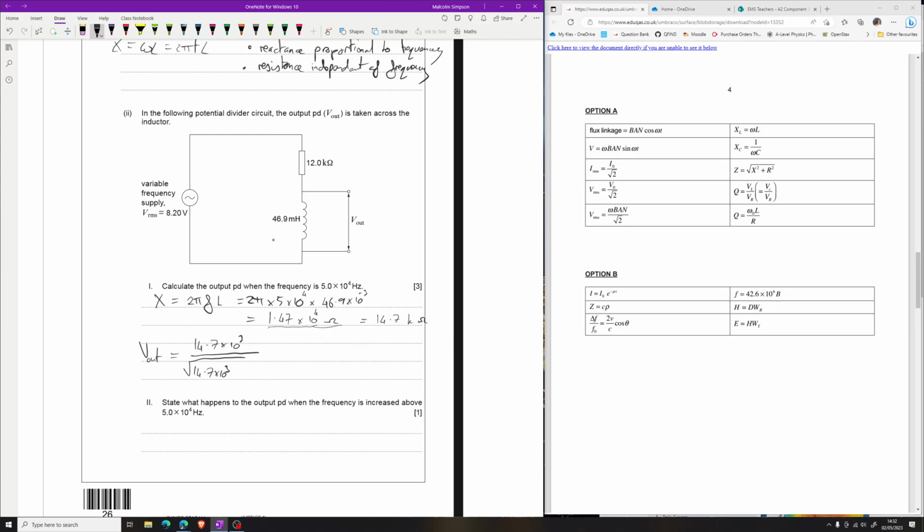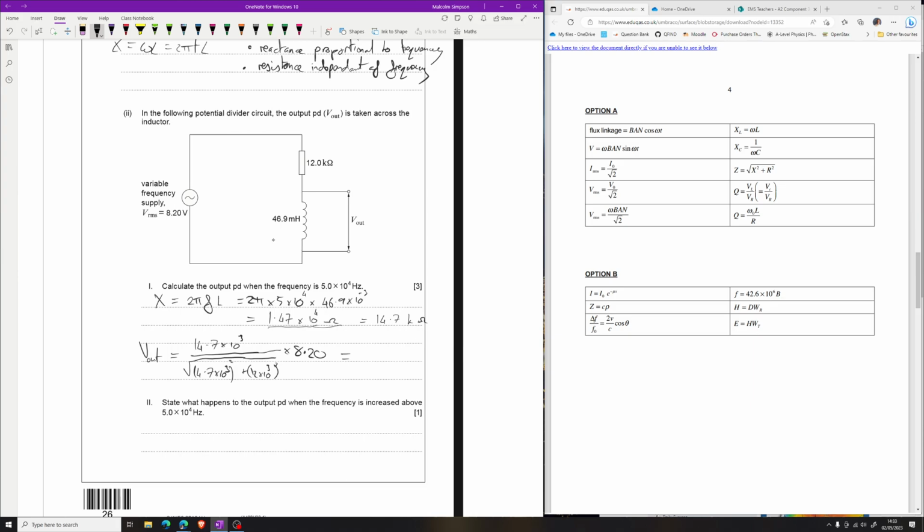Times 10 to the 3 squared plus 12 times 10 to the 3 squared. I mean, arguably, all of those times 10 to the 3s are going to disappear out of my calculation, and it's not going to matter. Multiply that, of course, by the input PD.